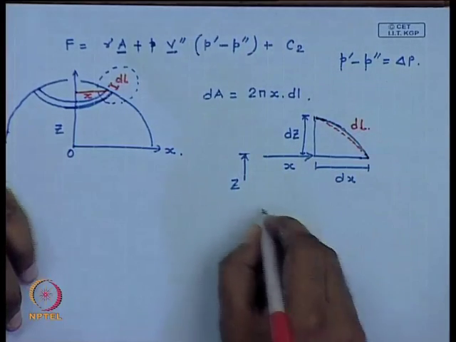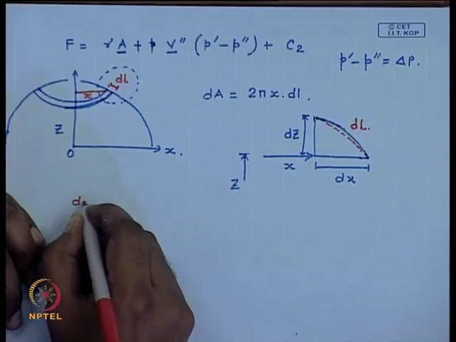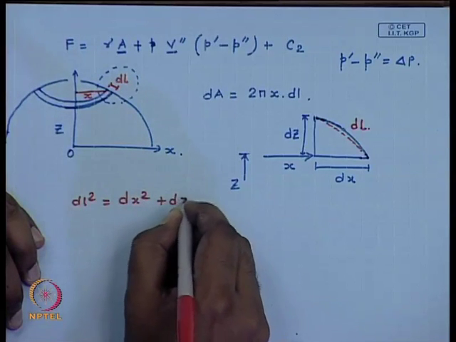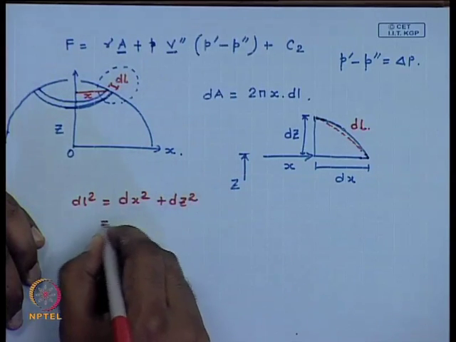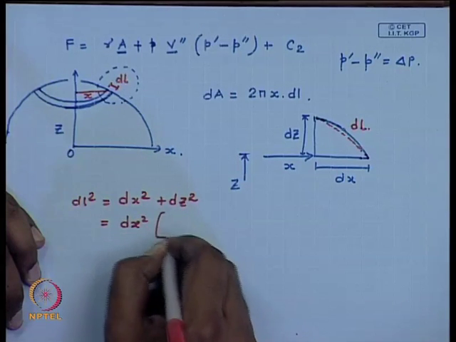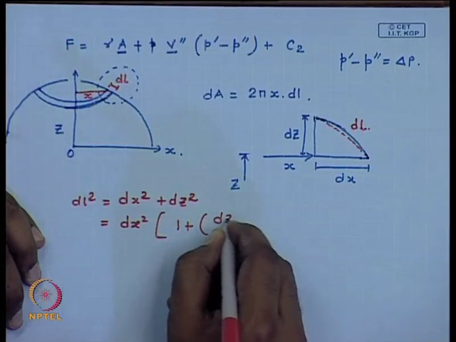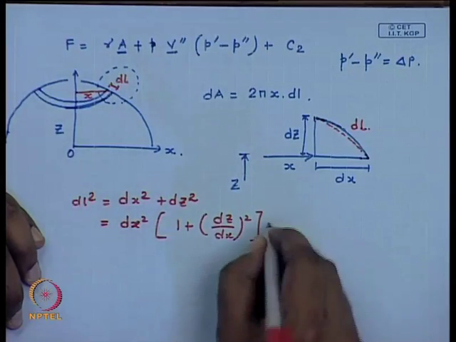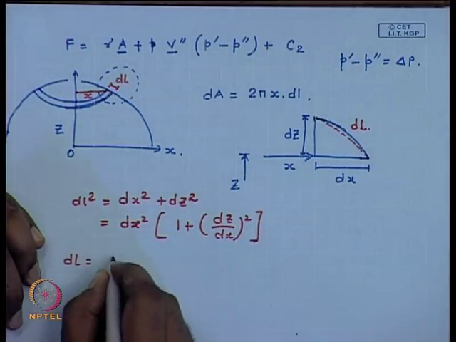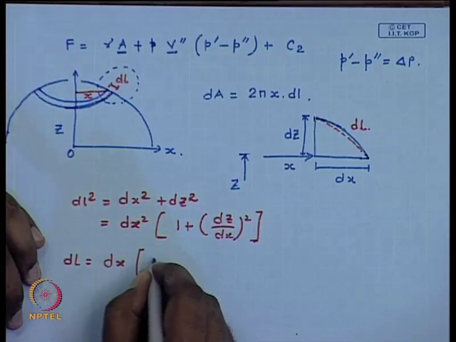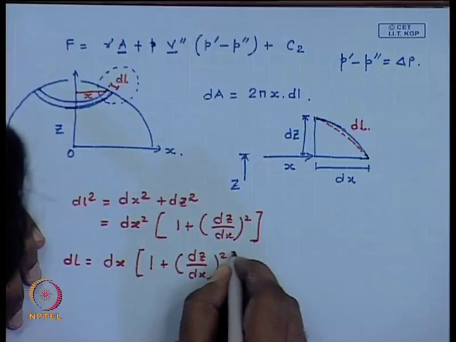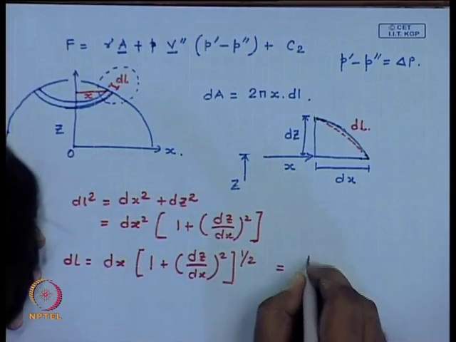Then essentially if you regard del L to be a straight line, you can conveniently apply the Pythagoras theorem, and eventually you can do a little bit of simplification. This gives you, or you can write in a compact form.